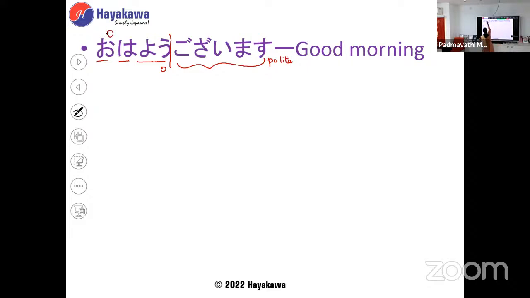So this is going to be Ohayo gozaimasu. Masu is actually masu, but mas will be the accent of the Tokyo side. So if you are okay with masu also, no problem. Good morning. Next one.